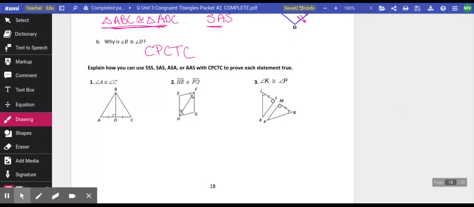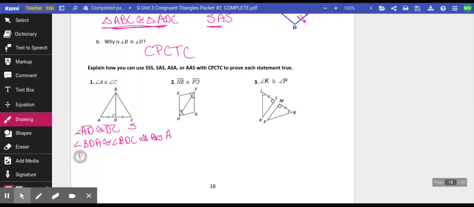So in number 1, I want to prove that angle A is congruent to angle C. Well, I know that AD is congruent to DC. So that's a side. I know that angle BDA is congruent to angle BDC, all right angles. And that's an angle.